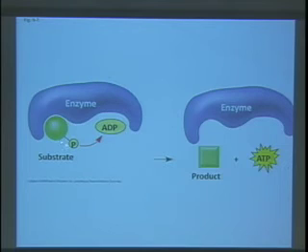So this is what substrate level phosphorylation means. We have a substrate that's phosphorylated, and we're transferring a phosphate from that substrate to ADP to generate ATP in the process, and a dephosphorylated product that's released from the enzyme.